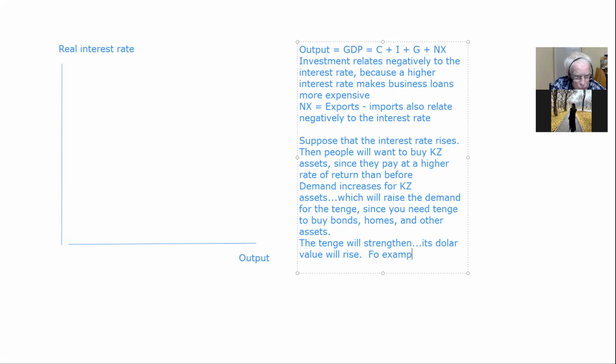For example, the exchange rate may fall from, what is it today, maybe 430 per dollar to 220 per dollar.